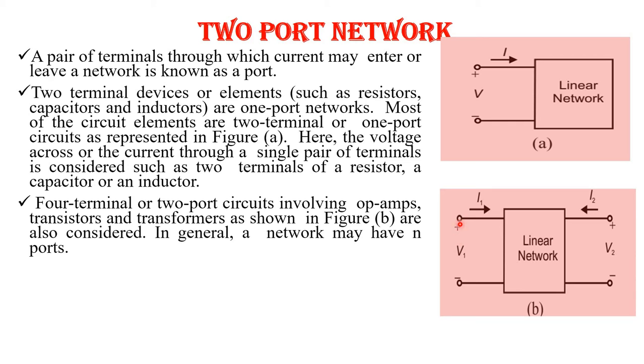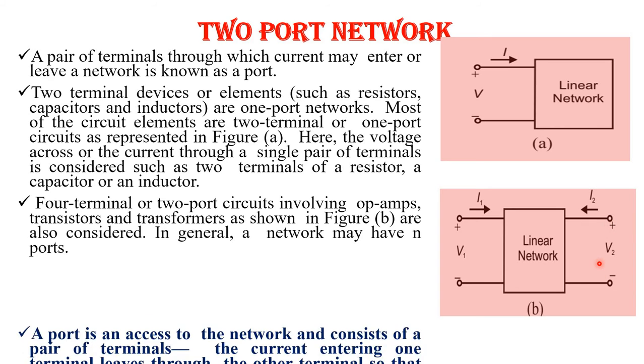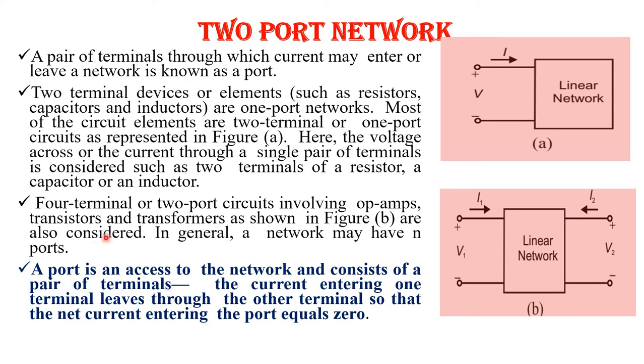The source given to port 1 is V1 and the next two terminals have V2. A port is an access to the network and consists of a pair of terminals, the current entering in one terminal leaving through another terminal, so that the net current entering the port is equal to 0.